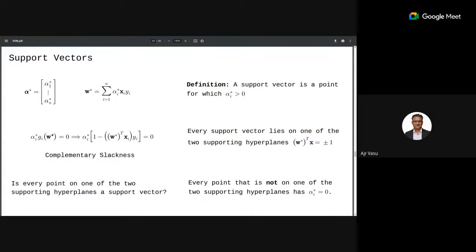Lies on the supporting hyperplane, right? Yeah, correct. Go ahead, sir. Okay, so that is support vector.